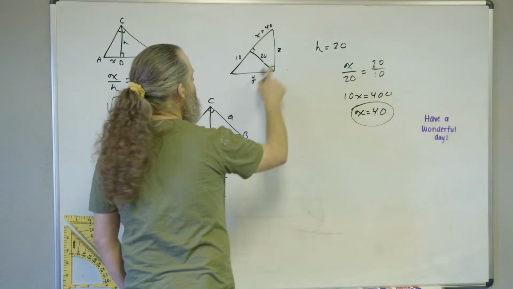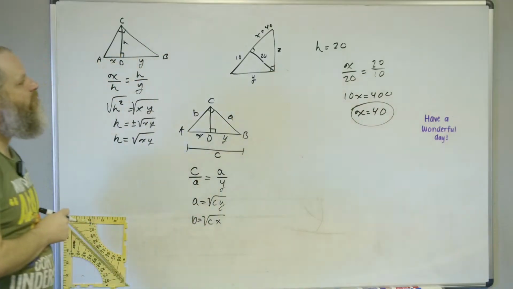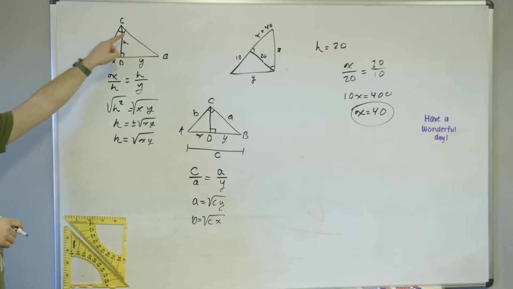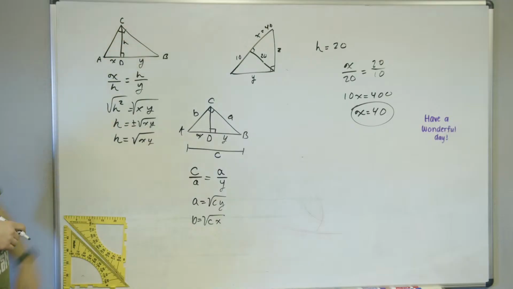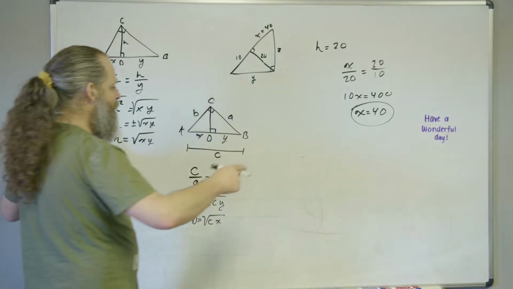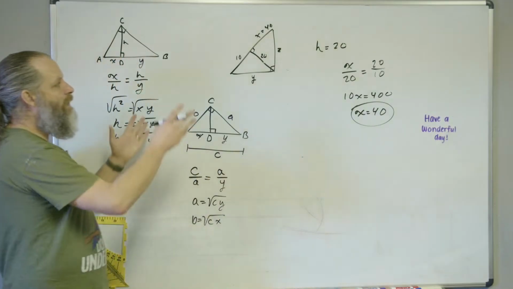So now we need to get to these guys, which might be a little bit more tricky, but not really. We were using this one, but we can't use that one anymore because this one doesn't say anything about the legs of the big triangle. So we've got to use this one now. We've got to have the big chunk here. So we don't yet have the big chunk.